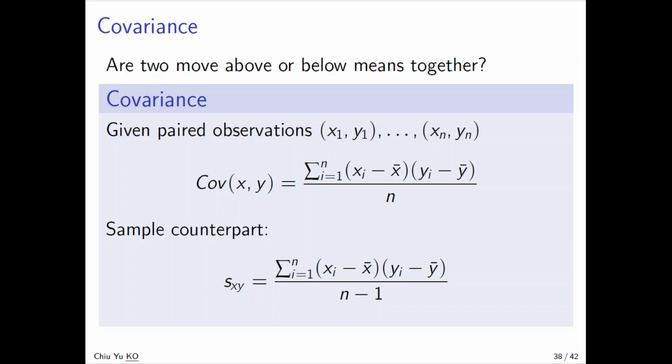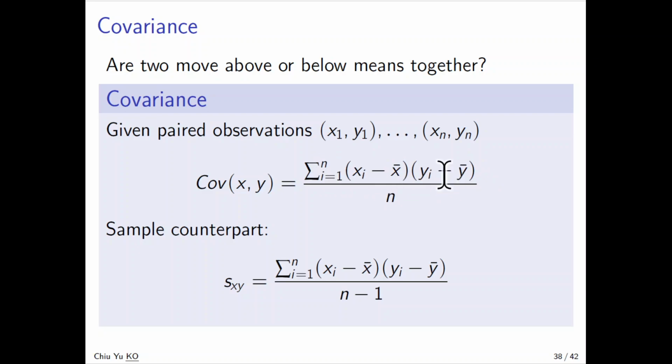If you're given n observations, each observation x1, y1, and so on, so n pairs of x and y, what we do is look at how they are above the mean and below the mean together. Each time we subtract x's own mean from x and y's own mean from y. If x is above its mean and y is above its mean, multiplying together gives a positive.